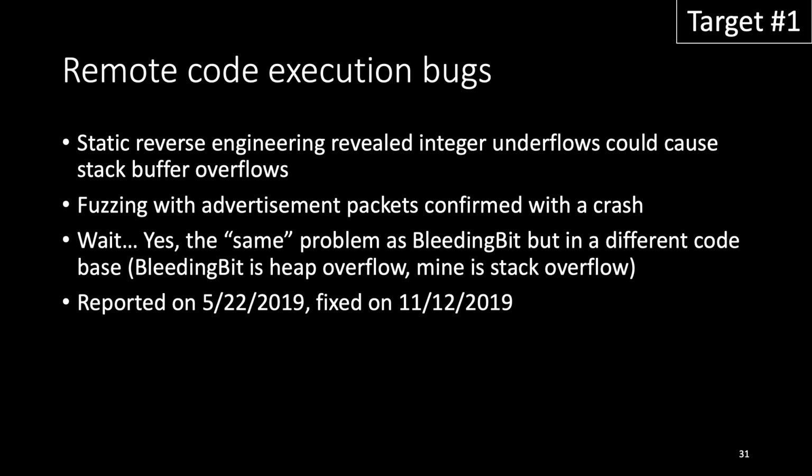After making the fuzzer, I was able to crash the device, and then I could see the vulnerability is reachable and exploitable. And guess what? This mistake is exactly the same as BleedingBit, but in a different code base. In the case of BleedingBit, it was a heap overflow, but mine is a stack overflow, which means an attacker can exploit this more reliably.